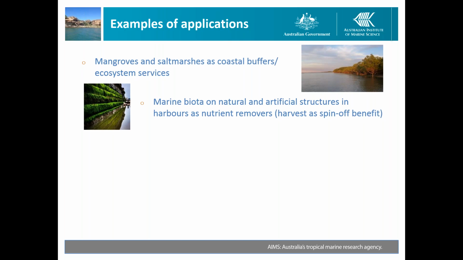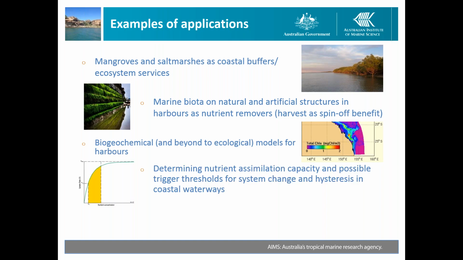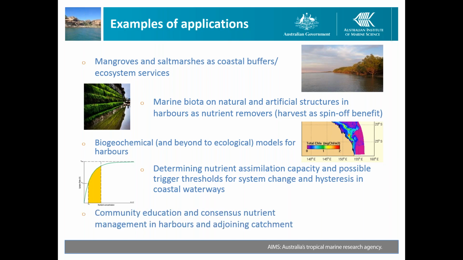Marine biota utilised to improve environmental quality and with potential spin-offs for agriculture. Use of calibrated and validated models for environmental management and scenario testing, feeding through to evaluation of nutrient assimilation capacity and identification of trigger thresholds. And finally, as a means of community education and consensus building.